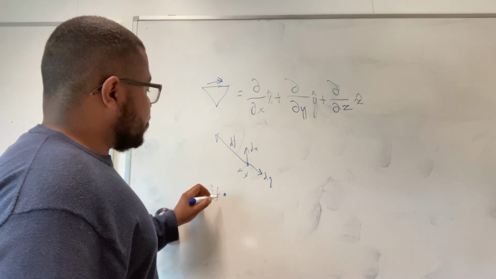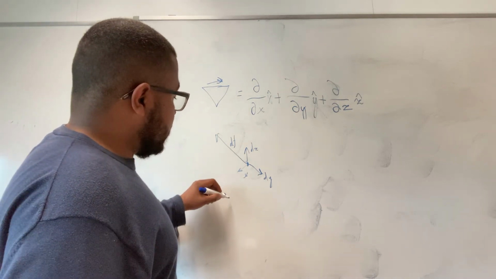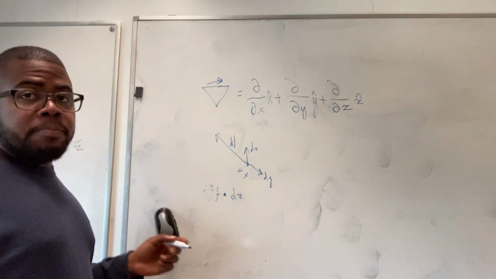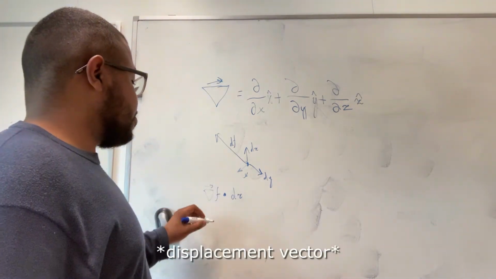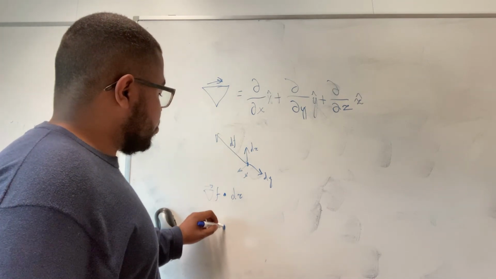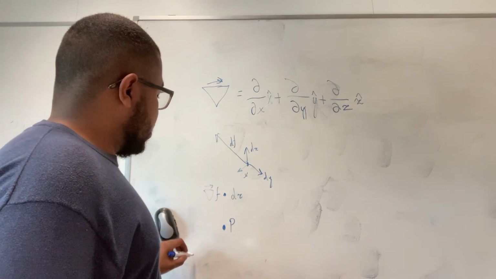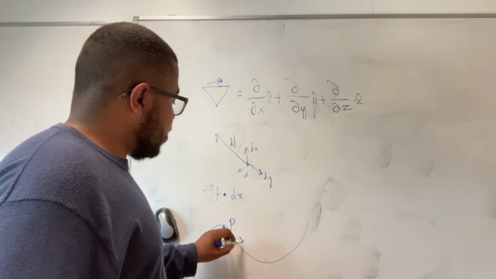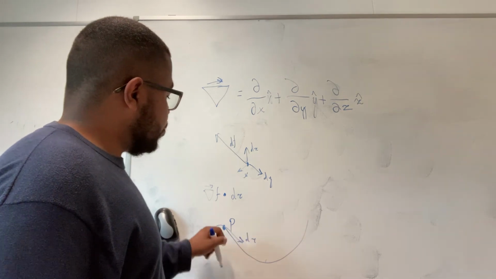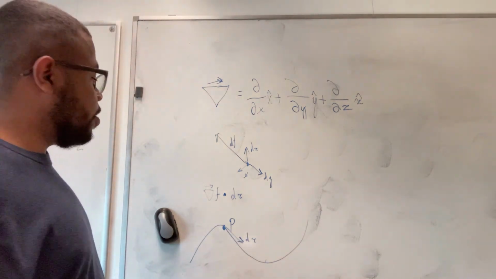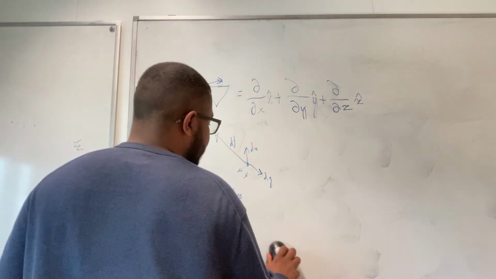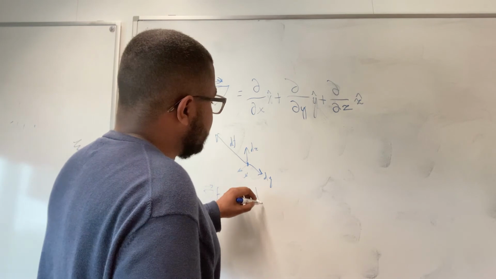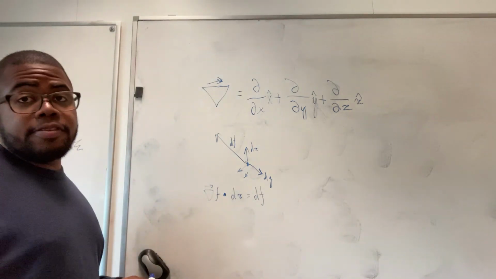If we take the gradient of a given function f and find the dot product of it with the position vector, this position vector is, if I were to draw a particular point right here, point P, and it moves along a curve, the position vector would tell you how it changes with respect to the given curve right here. So if we were to find the dot product of this, then in essence we would have what is called the directional derivative of the function.